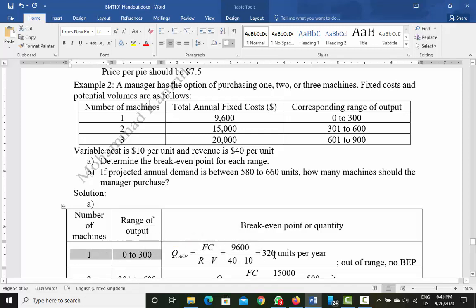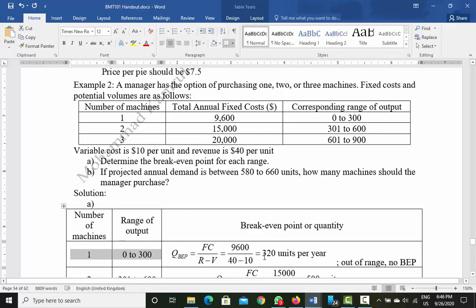So the manager will never be able to make a profit, because to make a profit he needs to produce more than 320 units, but the maximum production from one machine is 300. So if the manager purchases only one machine, he will always be in loss.